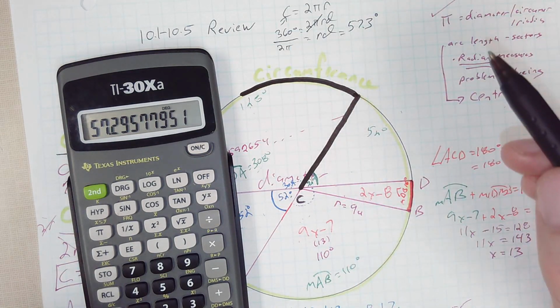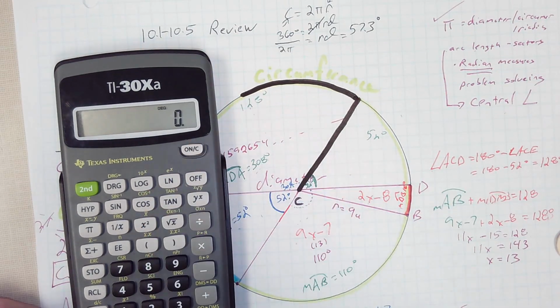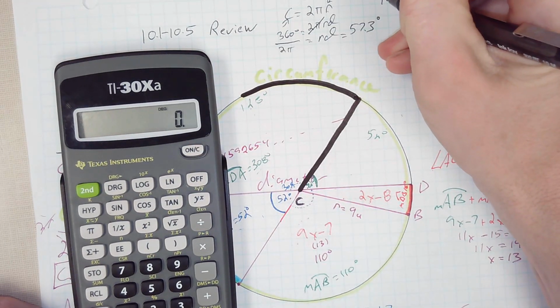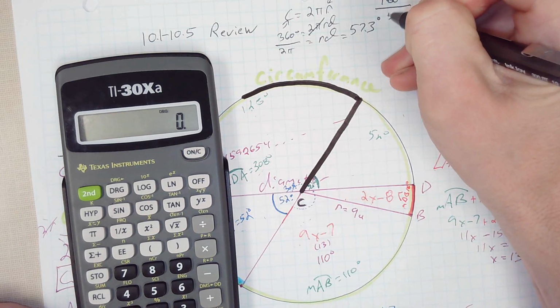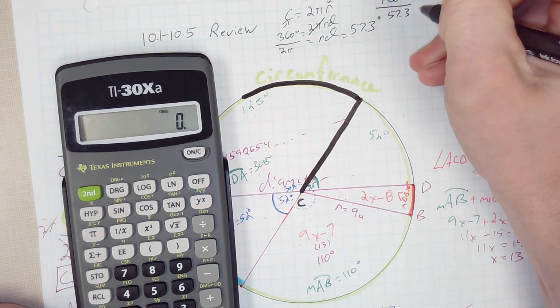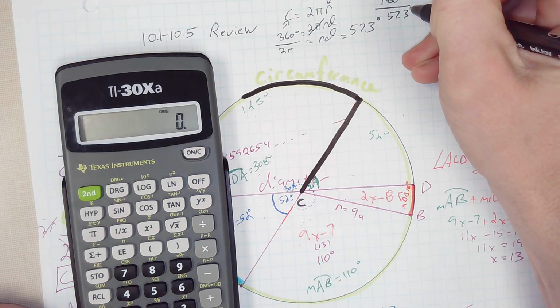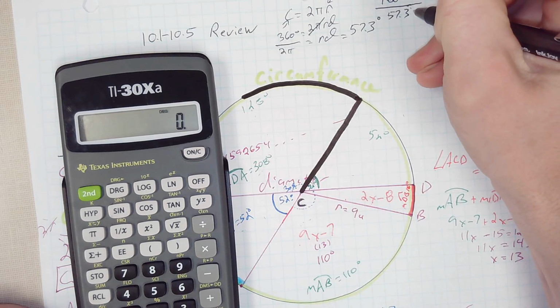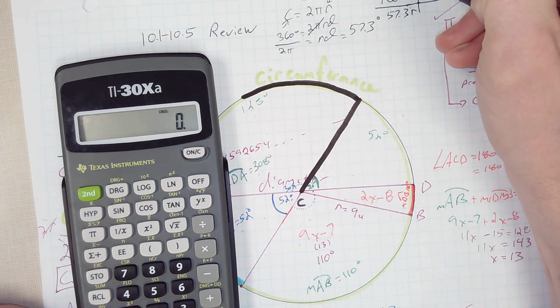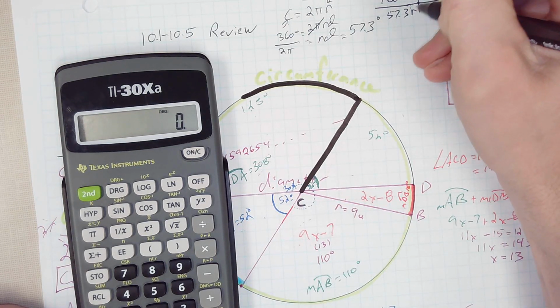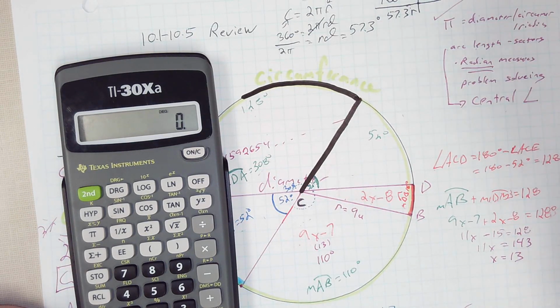Or there's also another relationship. All right, if I have 180 degrees and I divide it by 57.3 radians per degree, okay, 57.3 radians. Or, excuse me, that's wrong.